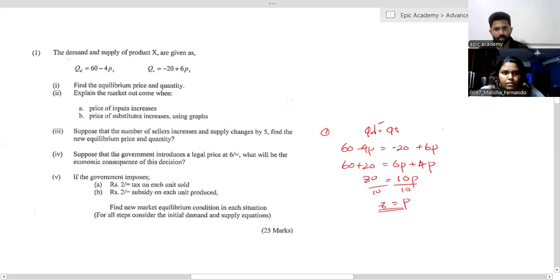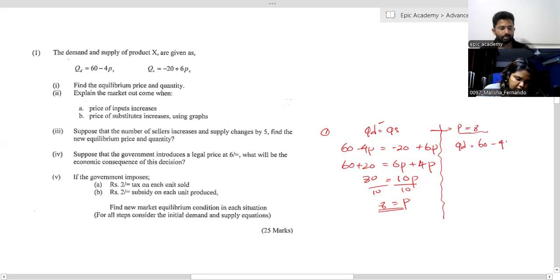Okay, right. By using this equilibrium price, I'm going to find the equilibrium quantity. I'm going to put that price into the demand equation. QD equals 60 minus 4P.